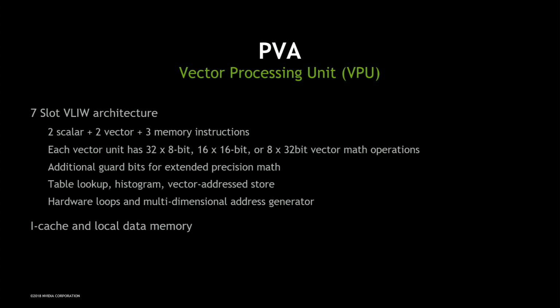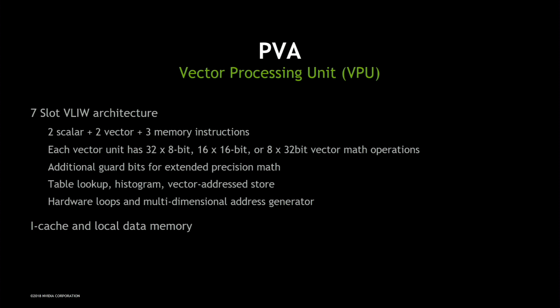So it's a 256-bit wide math pipe. Although on top of that, we do have additional guard bits for keeping the precision through the calculations. So it is a bit extended beyond that. But having those standard sizes helps with compiler targeting and things.